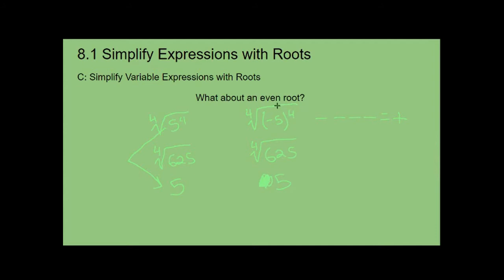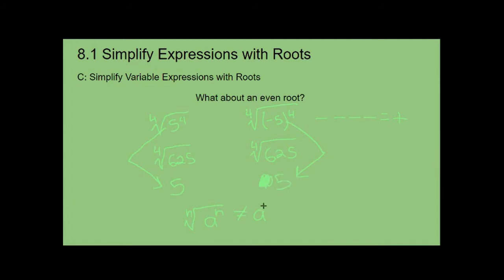Here we have a negative inside our radical, but we have a positive as the answer. They are not the same as with the odd roots. So what that means is that when you take an even root, if n is even, of a to the n, it does not just equal a, because here our a is negative 5, and here our a is positive 5.